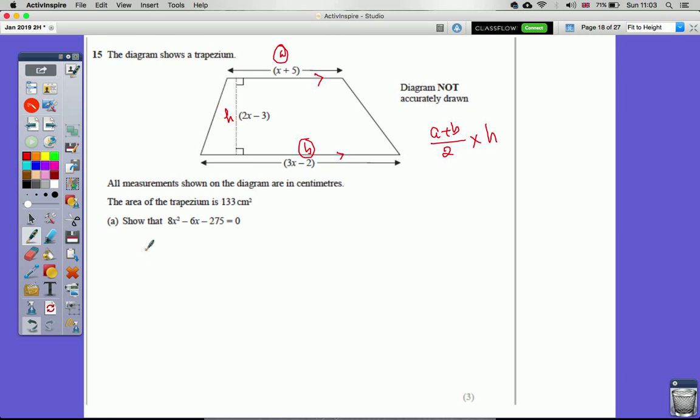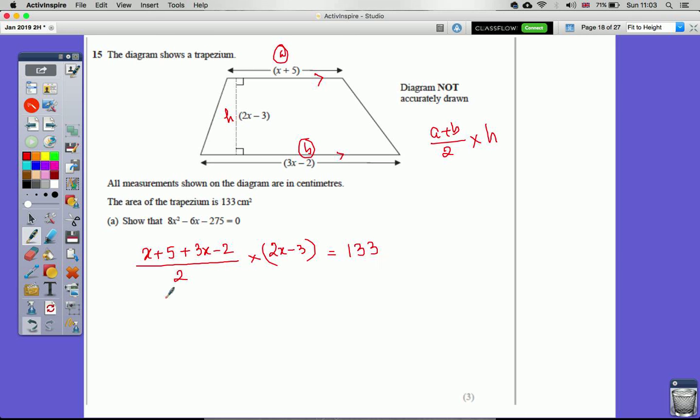So I'm going to do x plus 5 plus 3x minus 2, all over 2, multiplied by 2x minus 3, which is the height, is equal to 133.